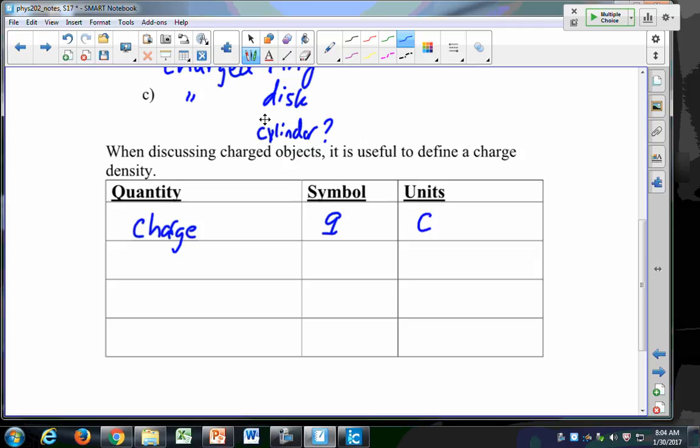We'll need similar things for this. So let's just define what those are. We have a linear charge density. We usually use lambda to describe that. I don't know, lambda like a line, if you want to think of it. L, that's the Greek letter that we usually use for L. And this is in coulombs per meter.